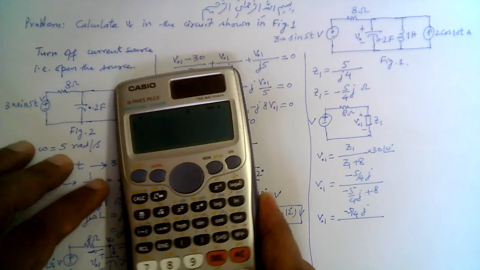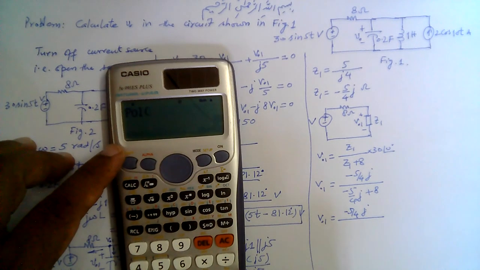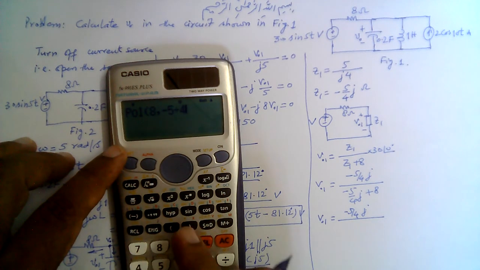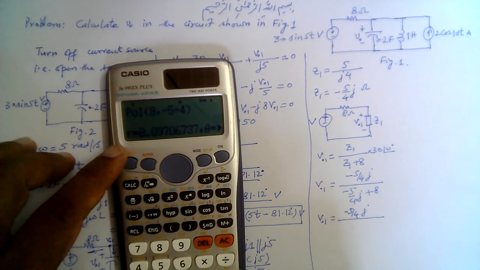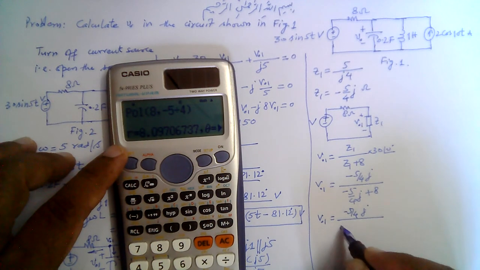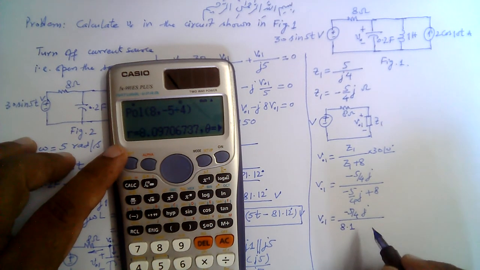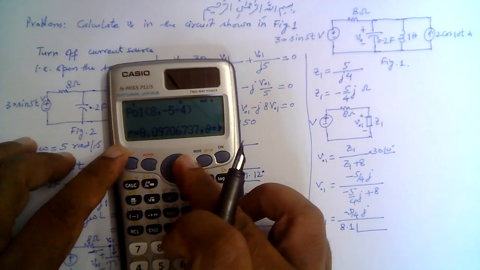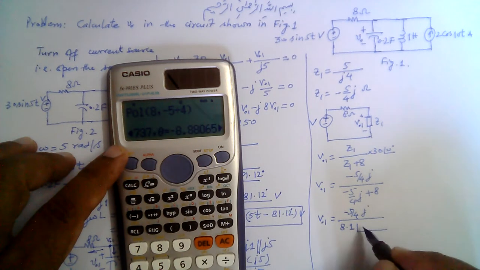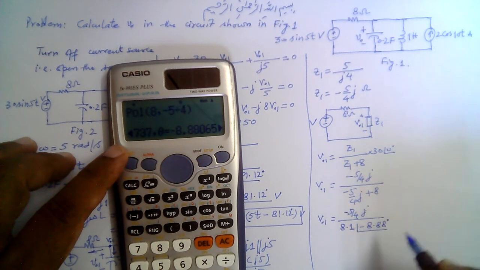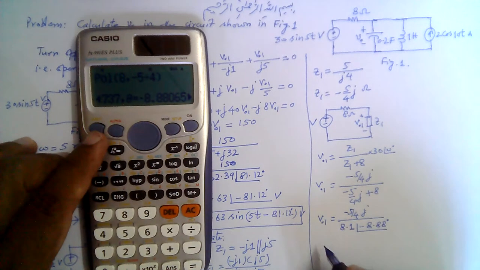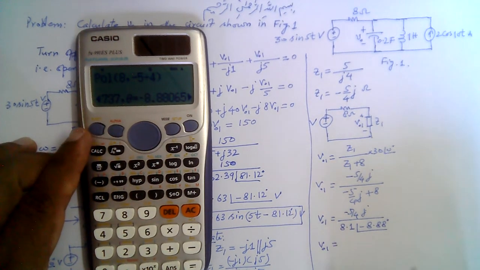The real part is 8, so 8 minus 5 over 4 j gives us 8.1 with angle minus 8.88 degrees, right?